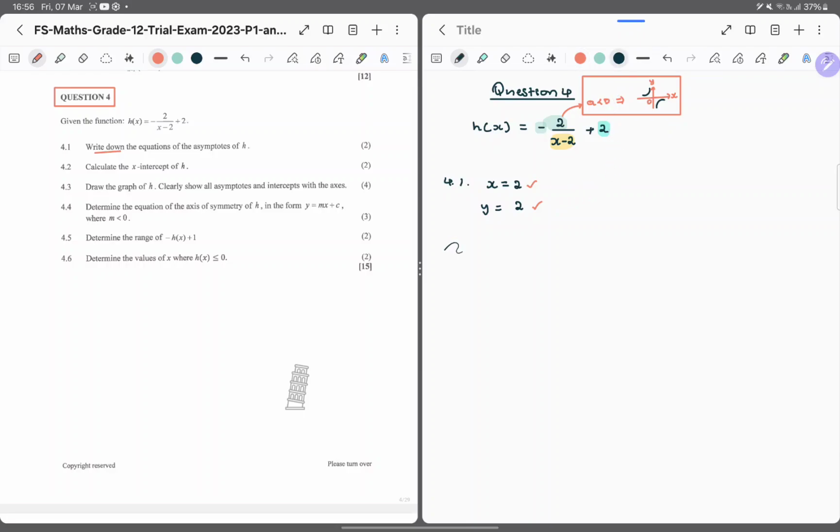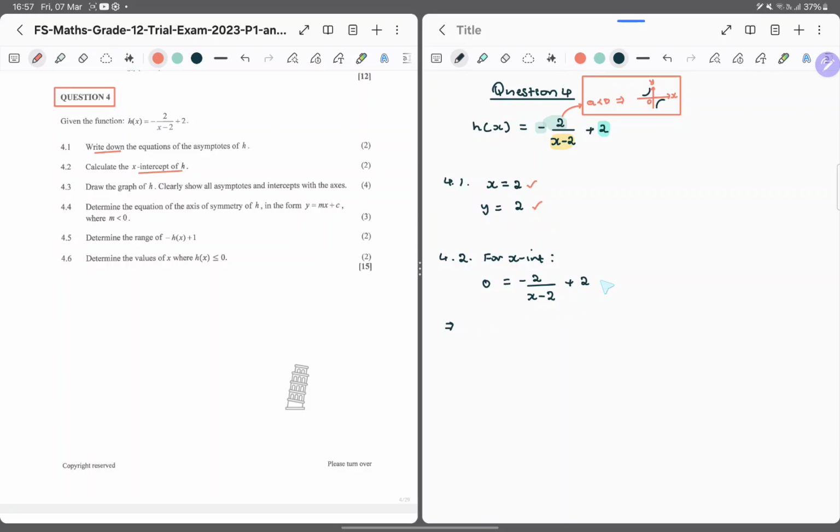And then we move on to 4.2. We need to calculate the x-intercept of h. Okay, we know that for x-intercept, it is such that 0 is equal to minus 2 over x minus 2 plus 2.